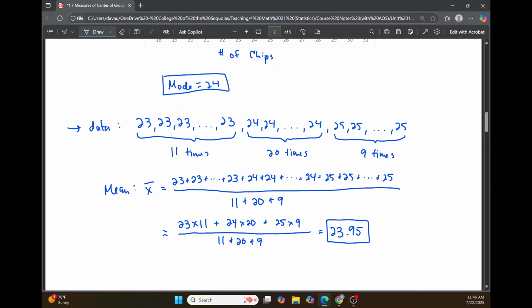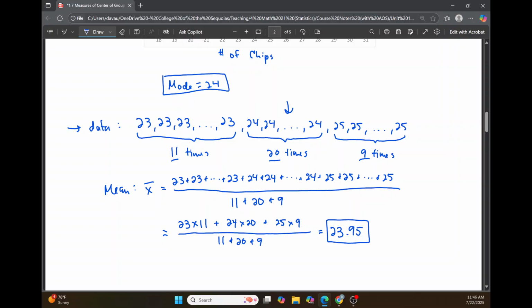Okay? Because in total we have 20 plus 11 plus 9, which I think comes out to 40 cookies in the data set. So the cookie that's right in the middle would be between position 20 and 21, right? Well, so if I count up from the bottom, I would have 11 23s, and then I would have 9 more 24s to get to the middle position, but I would still be in this group of 24s, right?